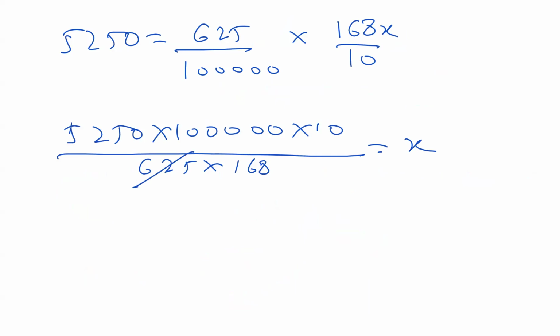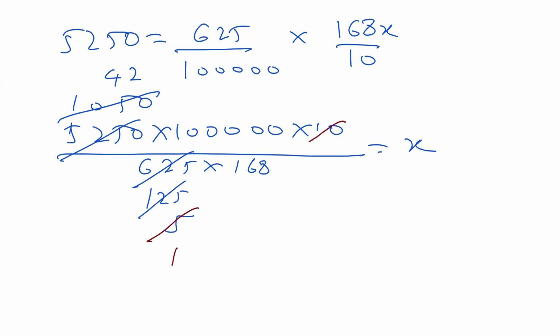So reduce this with 5. So this will be 1050 upon 125. Again with 25. Then if you check these two numbers, 42 and 168, 42 multiplied by 4 will give you 168.